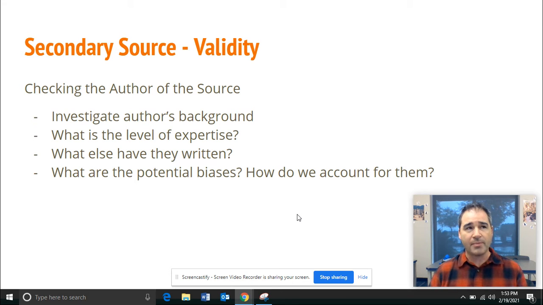If you think of primary sources as individual Legos, my box of Legos and your box of Legos might be the same, but we're going to build different structures out of them. Secondary sources are the same way. We get a pile of primary sources, and then we're going to try to build an argument out of those. And based on my vision and my creativity and my past experiences, I might build something that's very different than what you build.